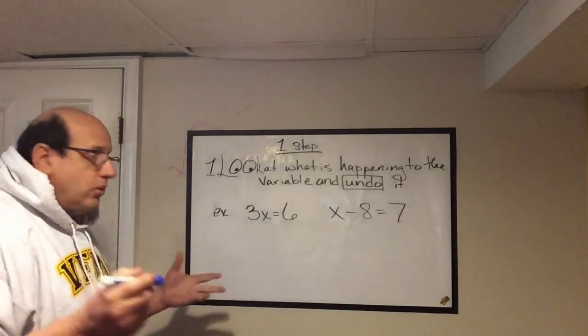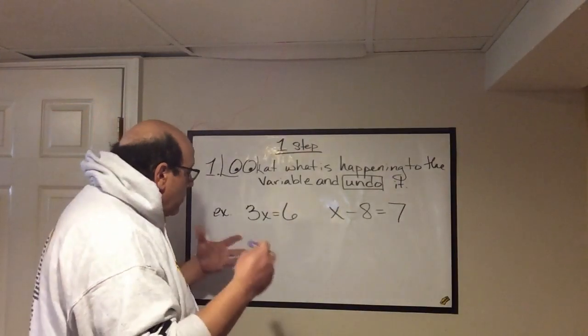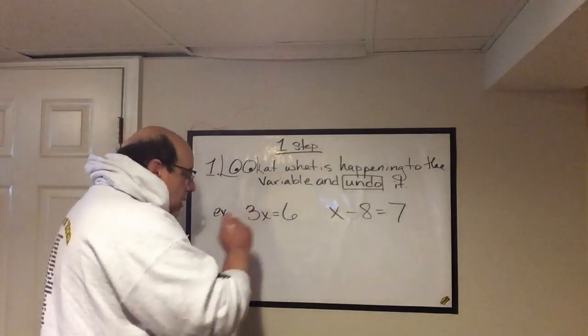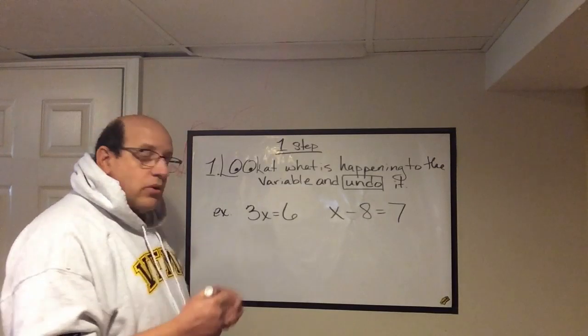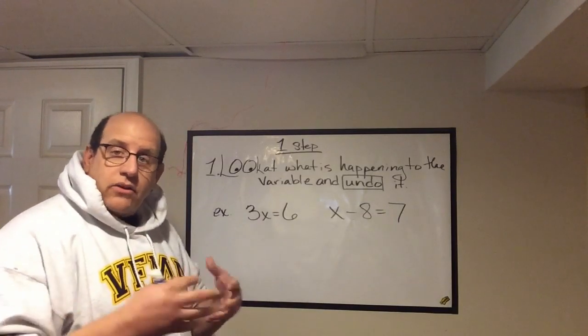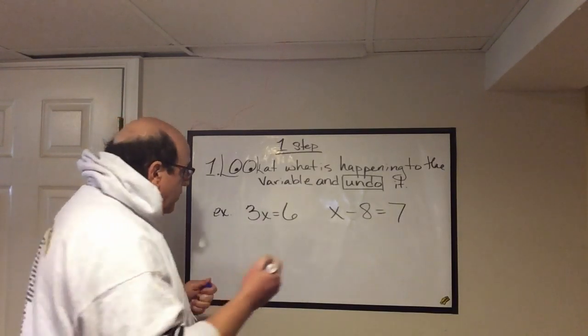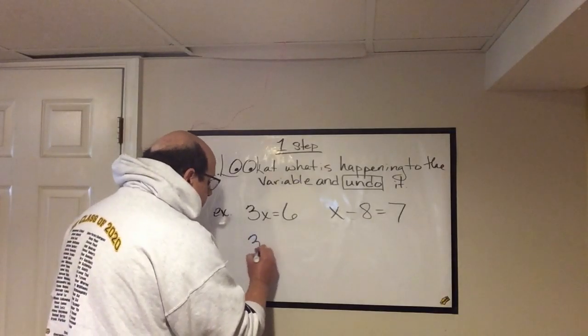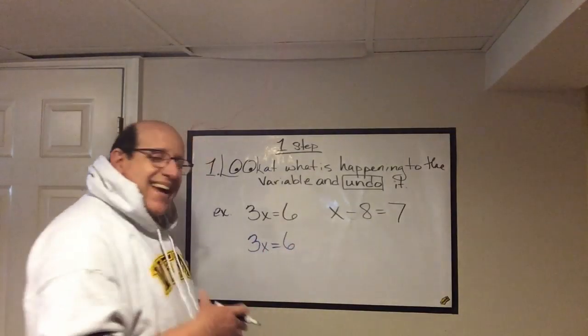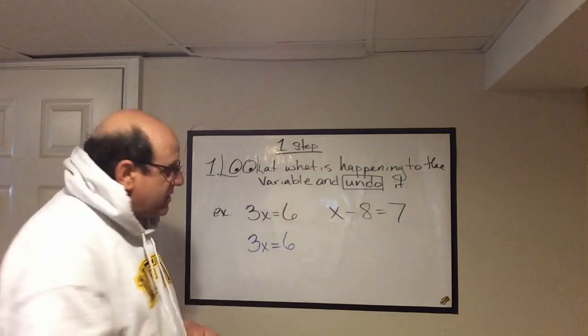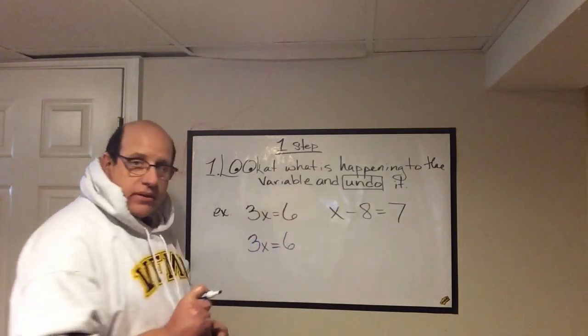So how do we undo, or what do we do to do the opposite of multiplication? How do we undo multiplication? We undo it with division. Now, I like to rewrite the whole thing for a single step equation, and then do the math on top of it, because I like to see what I started with.